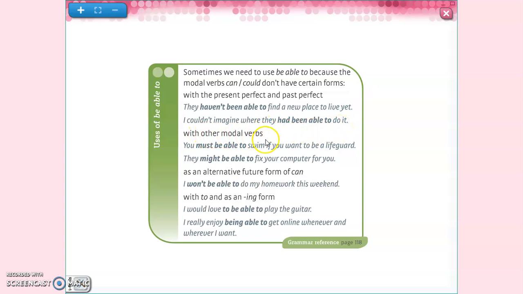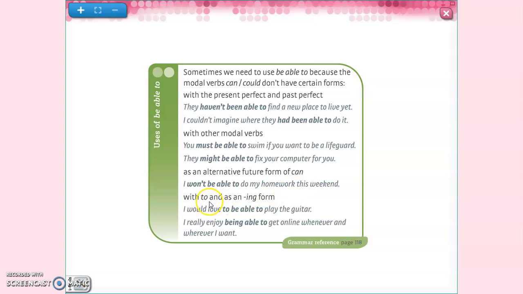With other modal verbs: you must be able to swim if you want to be a lifeguard. They might be able to fix your computer for you, as an alternative future form of can. I won't be able to do my homework this weekend.